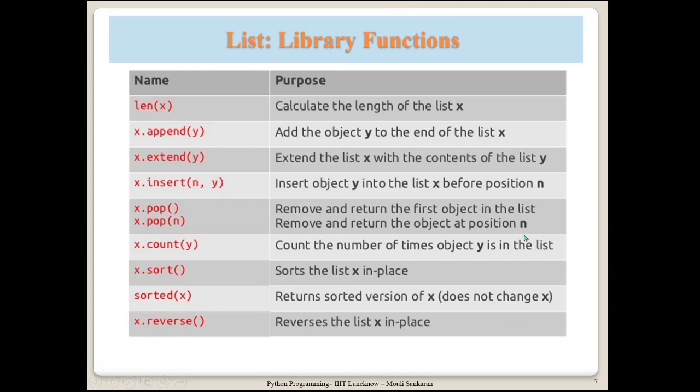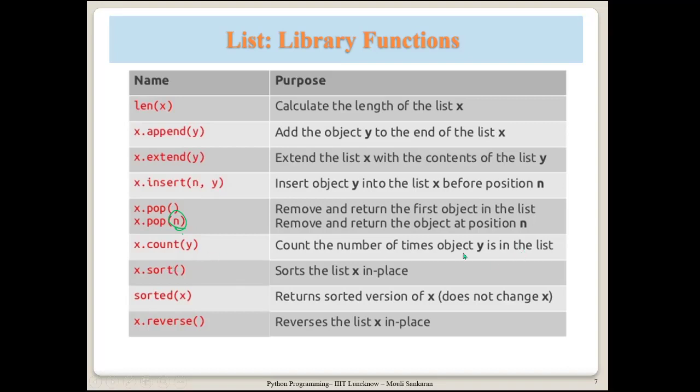Pop n removes and returns the object at position n. If you are looking for a particular position, you can pass n. If this n is a valid index into the sequence, you can pop that particular element out, it will be removed from the list, and that object will be returned back to you.